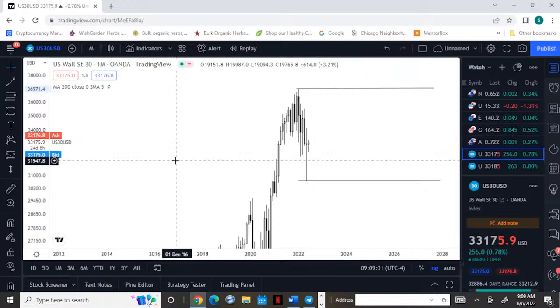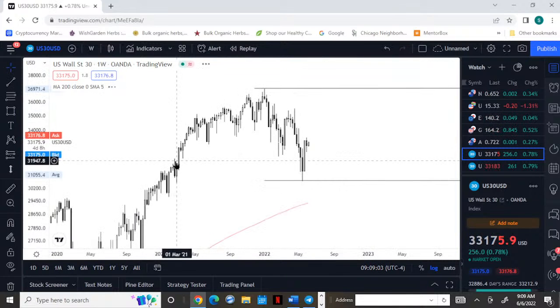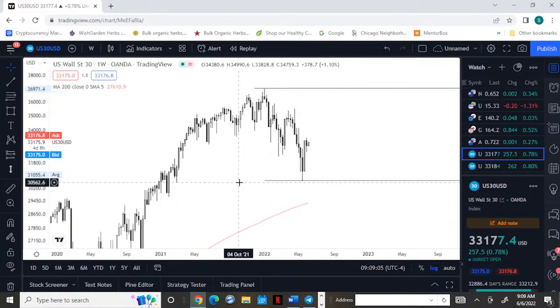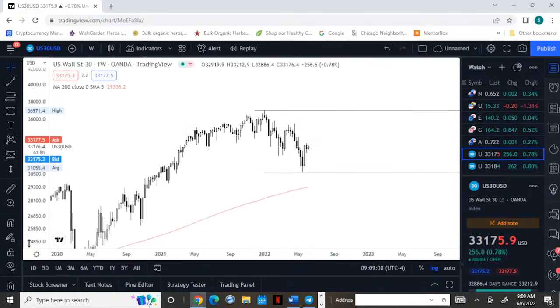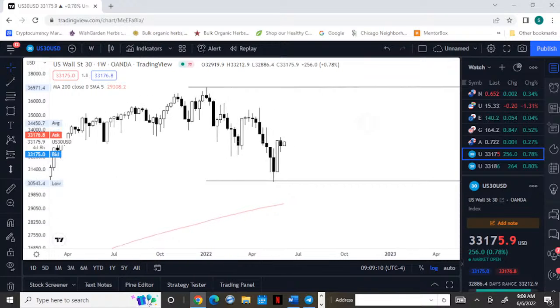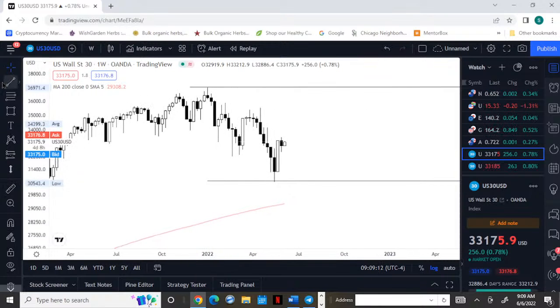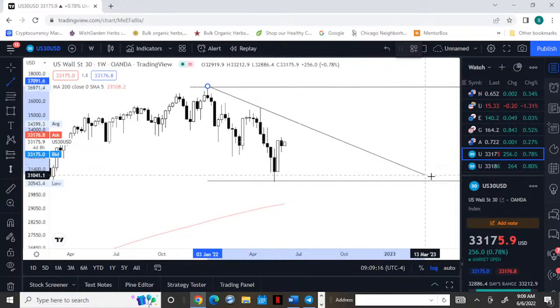We're going to go from the monthly down to the weekly. This is our monthly range right here. I am going to draw this weekly trend line.